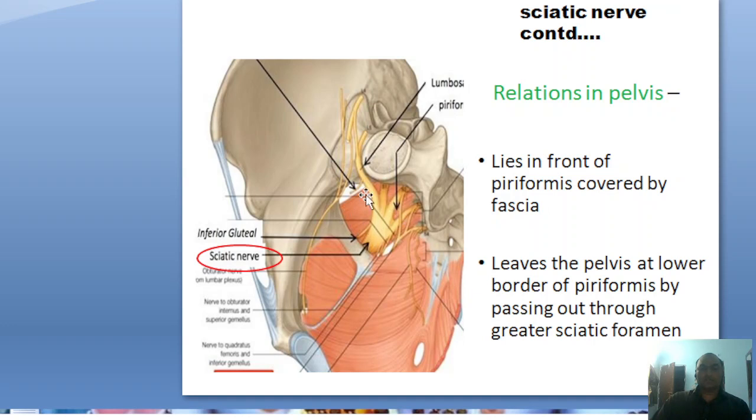This is the sciatic nerve. It leaves the pelvis by passing through the greater sciatic foramen, at the lower border of the piriformis muscle.